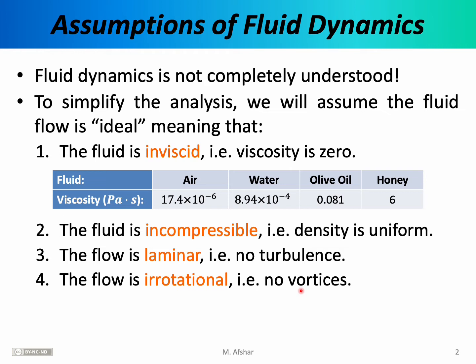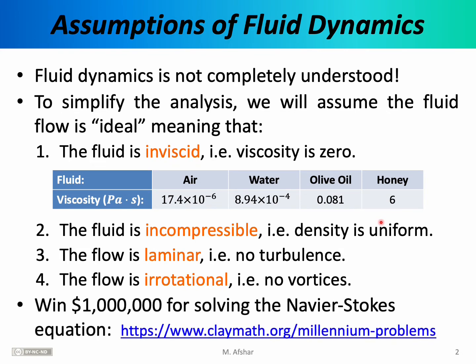Now, you might be unhappy with these four assumptions. You might be interested in learning more about vortices, or you may want to study turbulent flow, or you might just be interested in the physics of honey. In that case, I invite you to solve the Navier-Stokes equation. The Navier-Stokes equation is the fundamental equation that governs the dynamics of fluids. To date, a general solution to the Navier-Stokes equation has not yet been found.